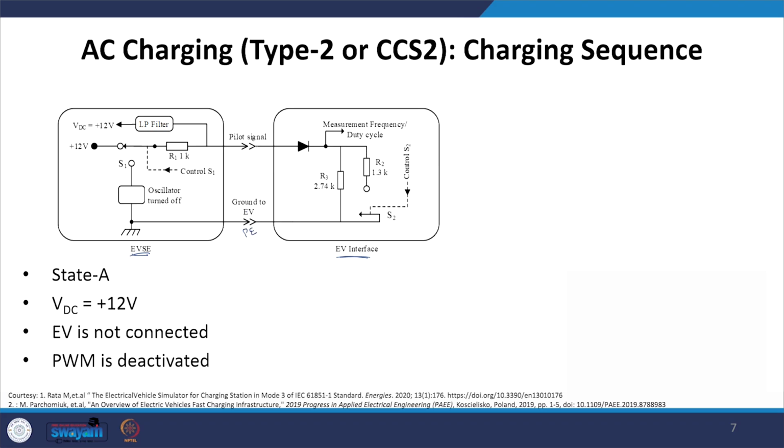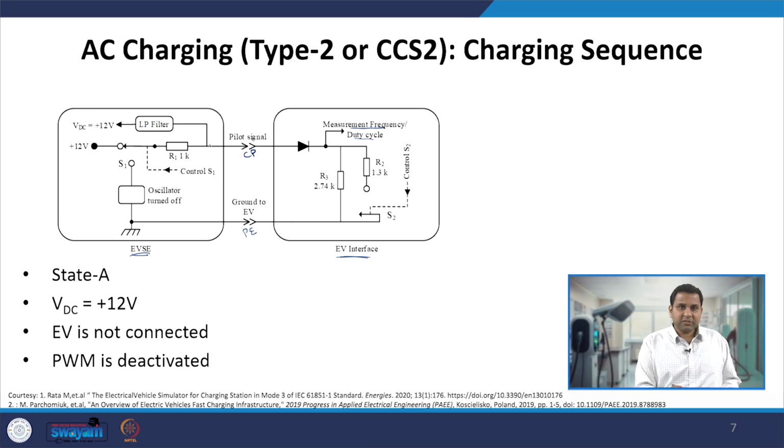This is the protective earth pin, and this is the control pilot pin or pilot signal. During this time, on the vehicle side we are measuring the frequency and duty cycle, and on the EVSE side we are measuring the maximum voltage of these PWM pulses at this point.